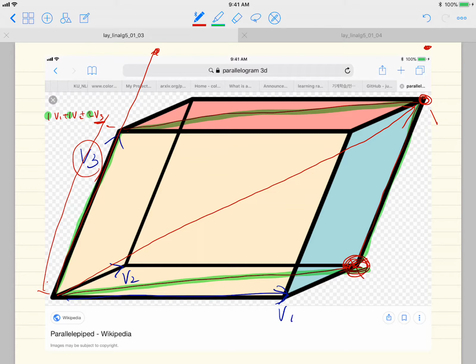Okay, so this is the linear combination of the three vectors. And now let's think about the span of these three vectors in three-dimensional space. Again, we are given these three vectors, and we now understand the linear combination using the coefficients as 1 will be somewhere around here, right?